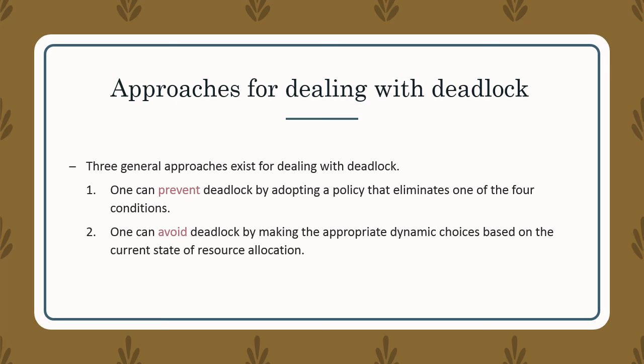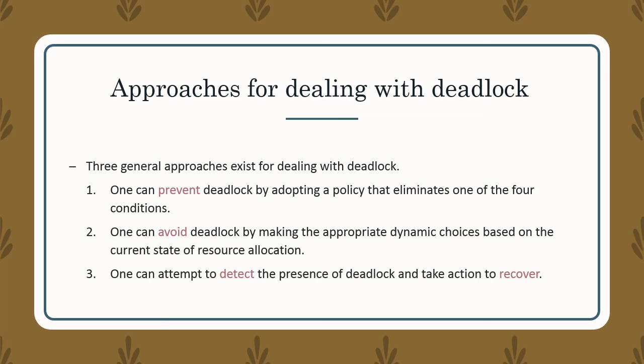When the operating system is being designed, you take steps to nullify one of the four conditions of deadlock. The deadlock avoidance strategy is carried out throughout the running of the operating system, as long as the operating system runs. The third strategy is one can attempt to detect the presence of deadlock and take action to recover.